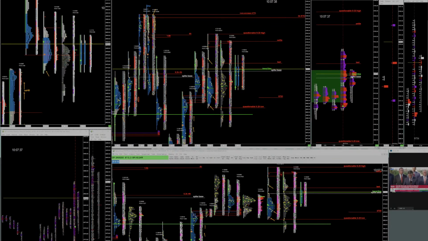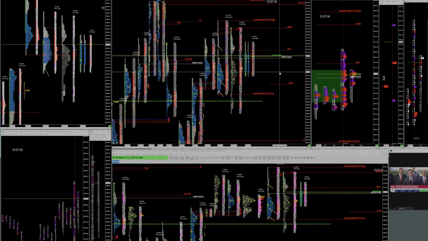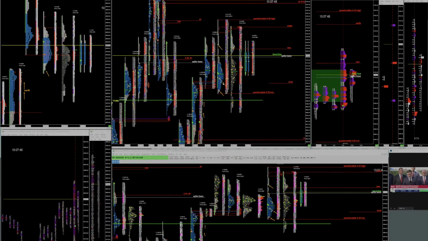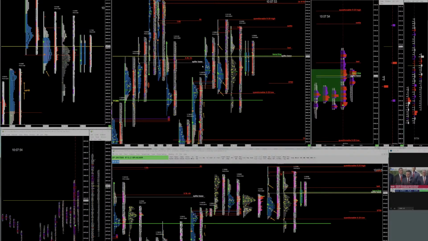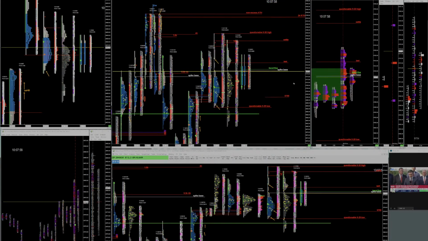If I am looking at this high, I am taking into consideration data that the market gave us 1, 2, 3, 4, 5, 6, 7 days ago, right? That's almost 2 weeks ago.